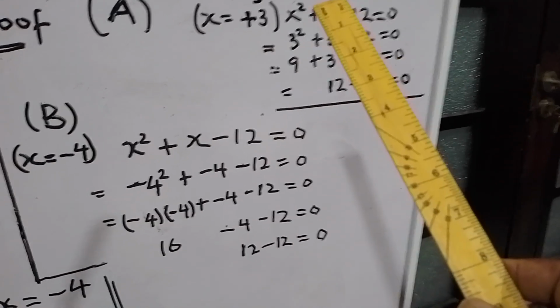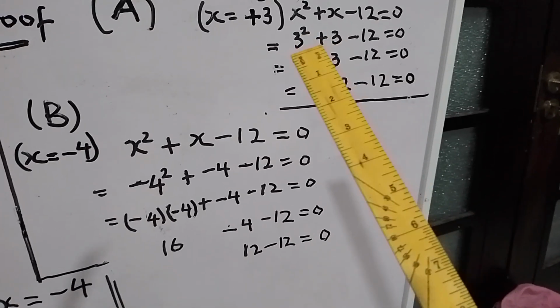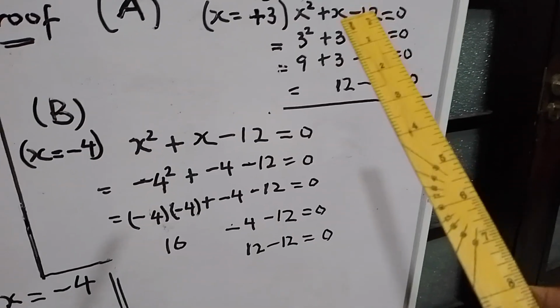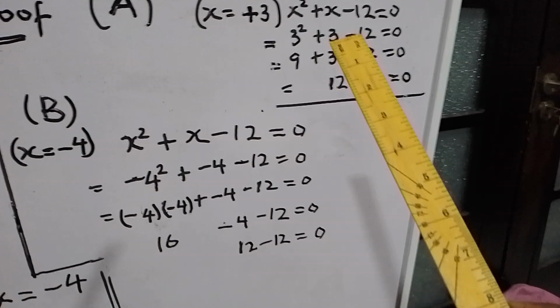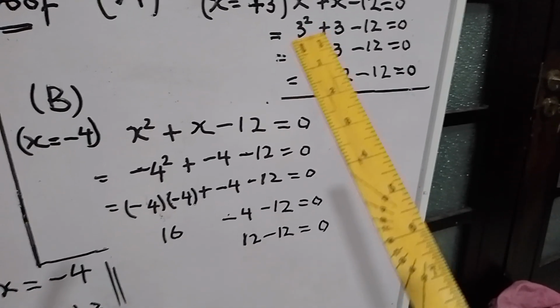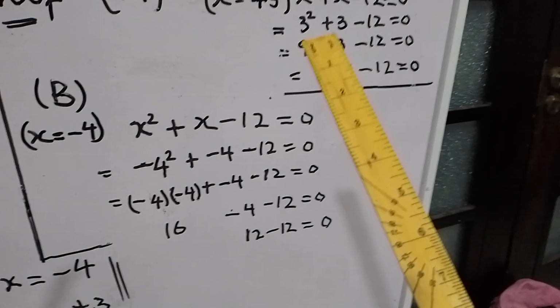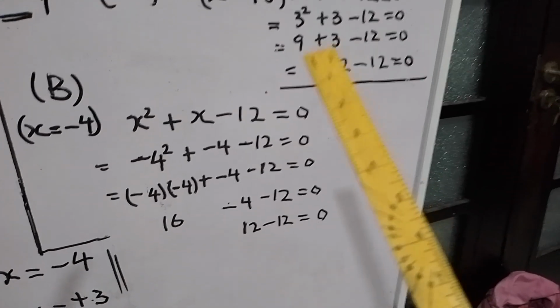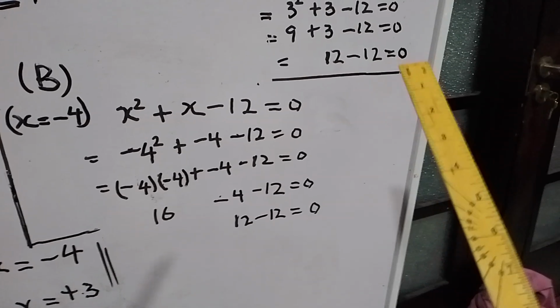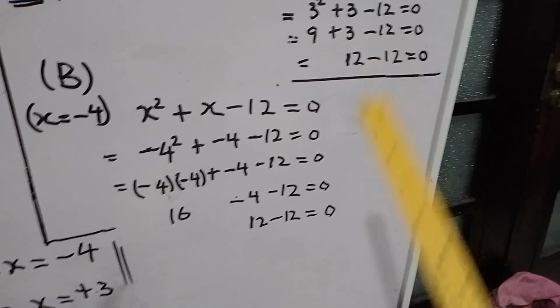Put the power that is there: 3 raised to power 3, that is, we have replaced. Then this one has no power, we put the 3. So 3 raised to power 2 is 9, it is 3 times 3, 9. Plus this 3 gives us 12. See, 12 minus 12 is 0, which means this equation is correct.